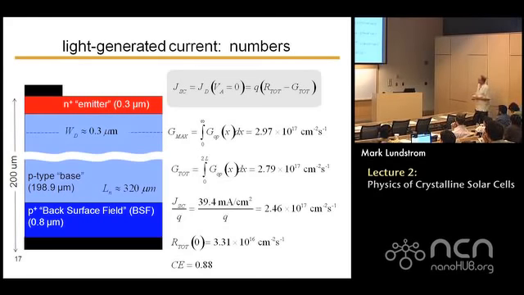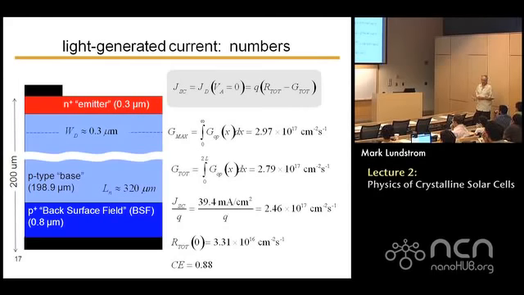Now the short circuit current in this particular cell, when we simulate this cell, Professor Gray will tell you how we do the simulation. The short circuit current is 39.4 milliamps per square centimeter. If I divide that by charge on the electron, I find the flux of electrons that's getting collected. That's a little bit less.